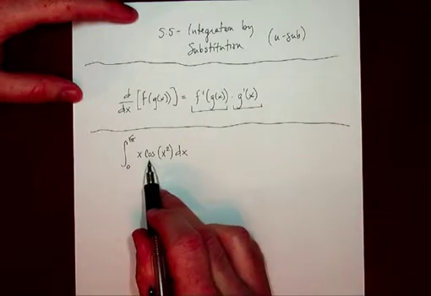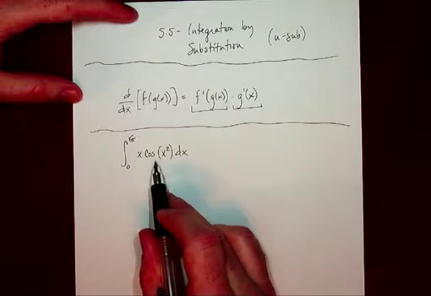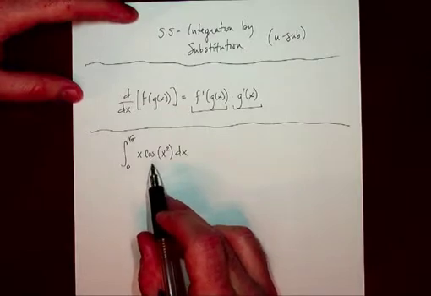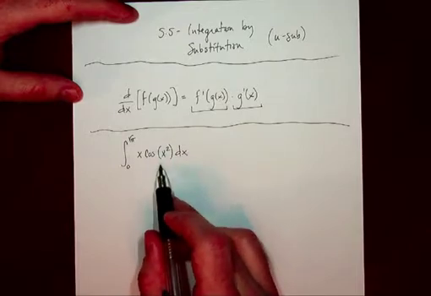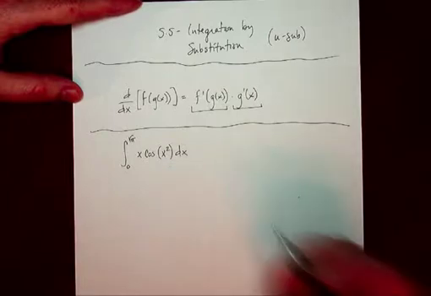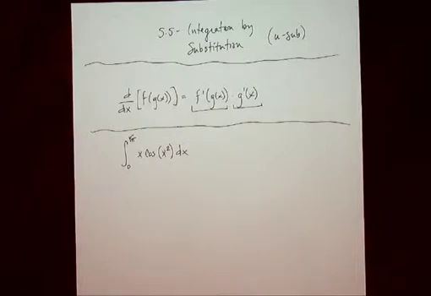Now, obviously, when you have a trig function, or a logarithm, or a radical, oftentimes it is the angle measurement of the trig function, the argument of the logarithm, the radicand that is the u. And you can always play around with it a little bit, because if you get your u wrong, you will get a du that requires either too much or too little from the rest of the integrand, okay?